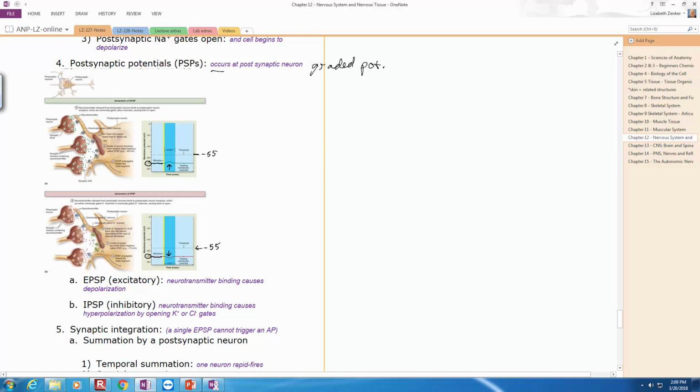So if you're getting closer to threshold, it means you don't need as much, right? And if you're further from threshold, it means you're going to need more to get to it, okay? So an EPSP, or an excitatory postsynaptic potential, is bringing you closer to threshold typically.